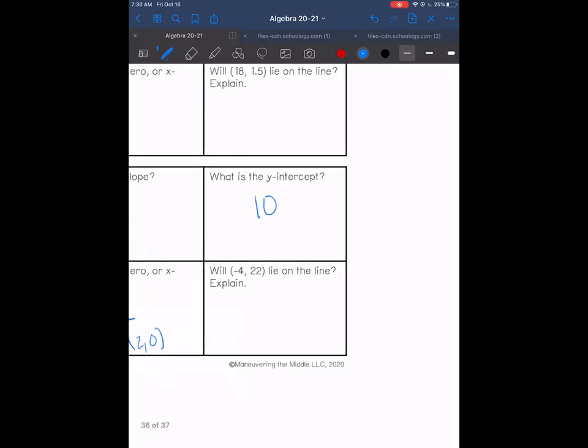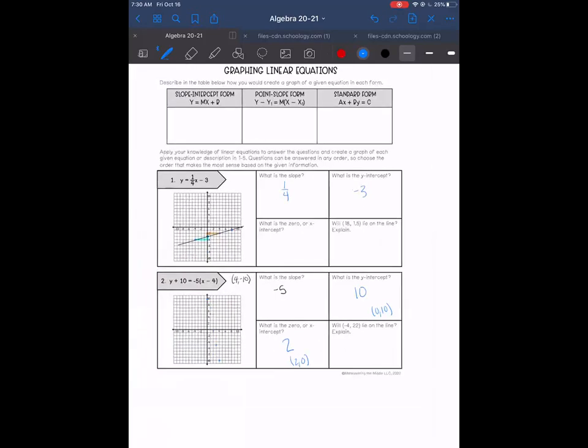This would be 0, 10. Remember, once you have it solved into slope-intercept form, you can put it in the calculator to double check that you are graphing the same graph, or look at points on the table to see if you're doing it right, but that has to be in slope-intercept form.